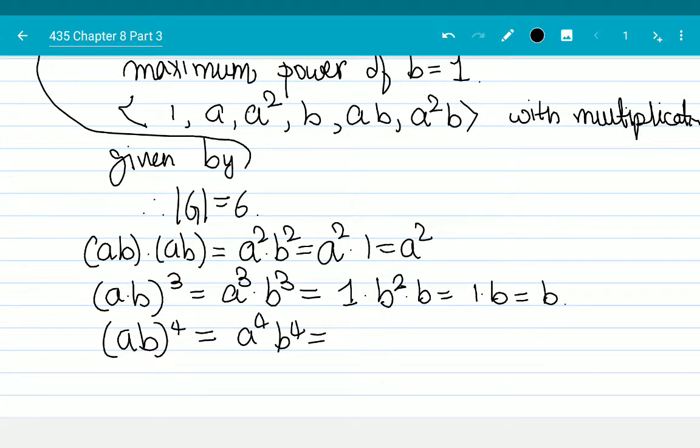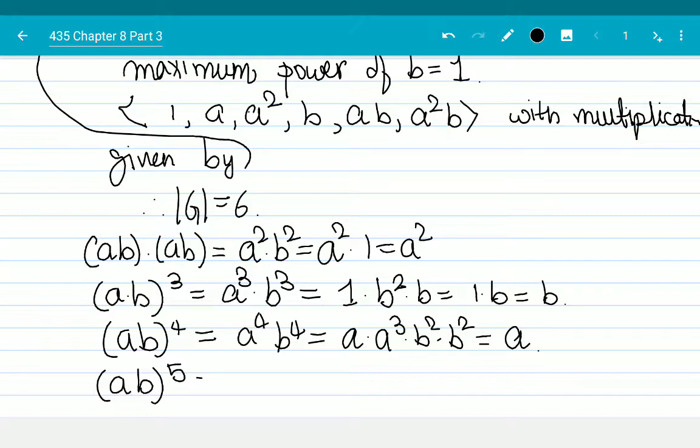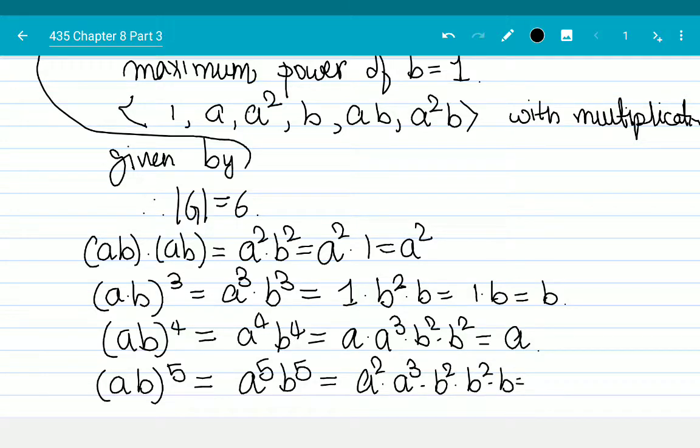This is going into more details than I expected you to show. A to the 4, B to the 4, which is A times A cubed times B squared times B squared, and all 3 of these are 1, so this is just A. AB to the 5 is equal to A to the 5, B to the 5, which is A squared times A cubed times B squared times B squared times B, and all of the middle terms are 1, so this is A squared B.